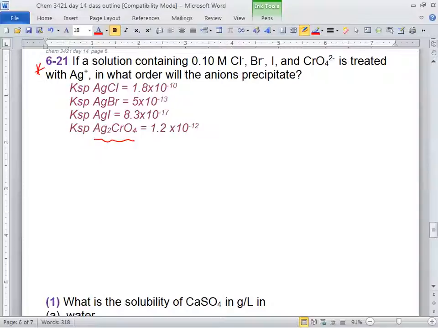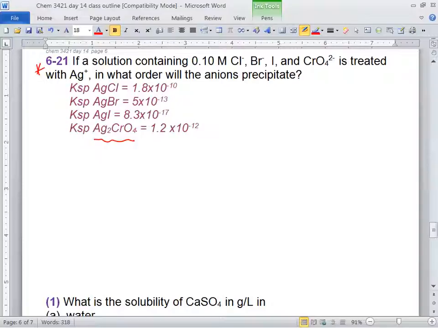Order them in order of increasing solubility. In what order will the ions precipitate? Oh, the ions that will precipitate. So you'd want the lowest solubility first, right? Because they say in order of precipitating. So who's going to precipitate first? It's the guy with the lowest or the highest solubility?